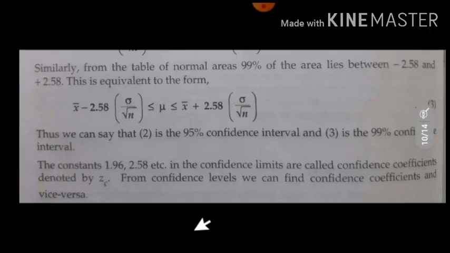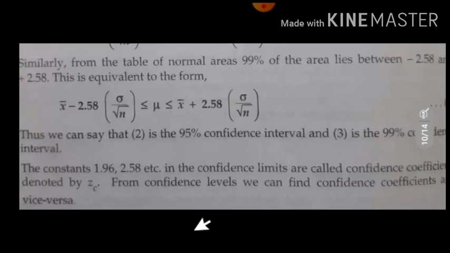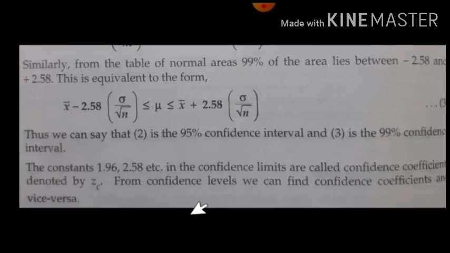Okay. In the same way, from the normal table, if I say 99% of the area, the z value in the table lies between minus 2.58 and plus 2.58. If I do the simplification as I discussed above for 95%, you will get the confidence interval, that the mean of the population lies between these two values: x bar minus 2.58 to x bar plus 2.58.